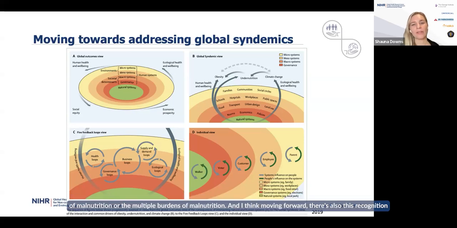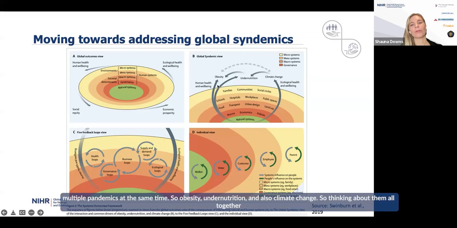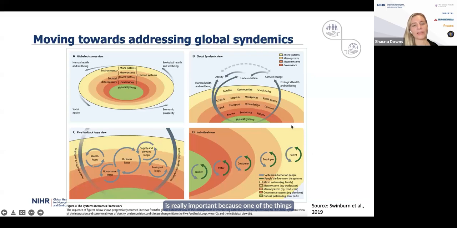And moving forward, there's also this recognition of focusing on syndemics, where you have multiple pandemics at the same time: obesity, undernutrition, and also climate change. Thinking about them all together is really important, because we don't want interventions that try to address, say, undernutrition but have an unintended consequence of increasing overweight and obesity.